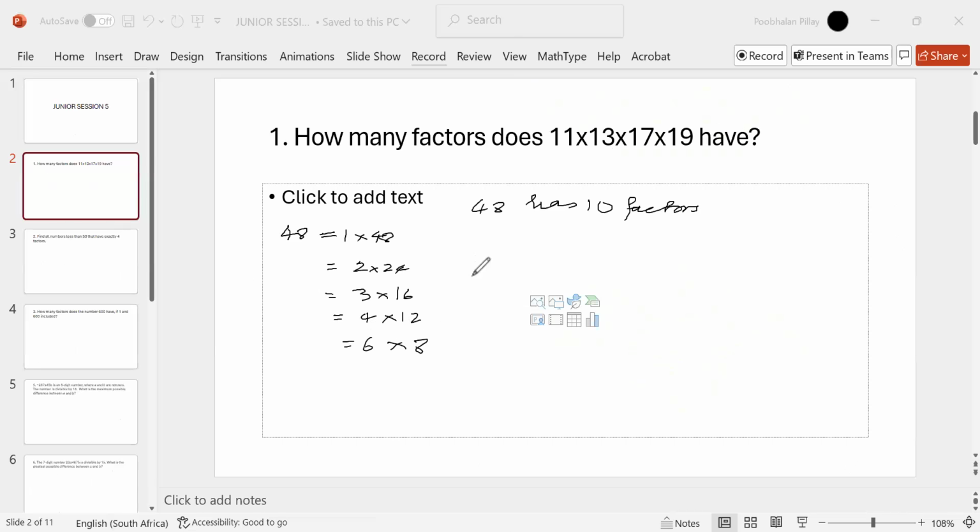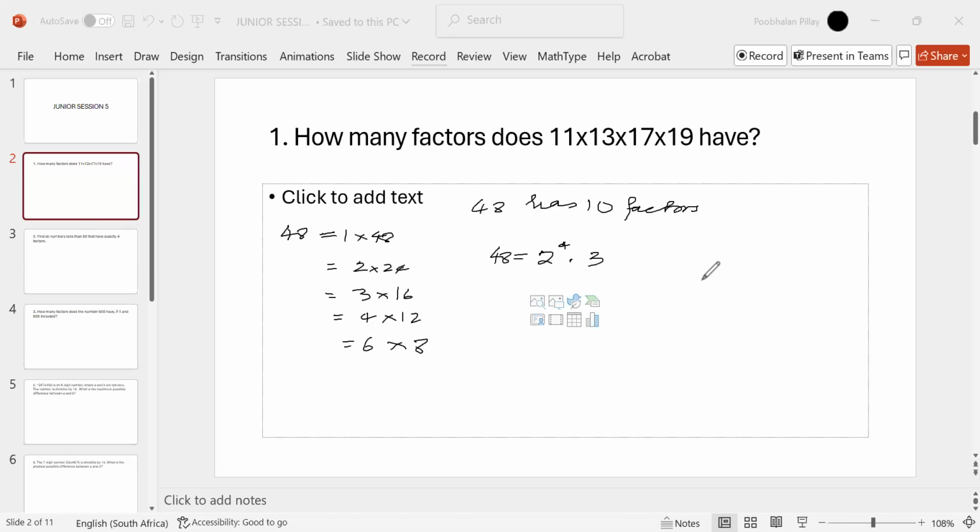Now, there is an easy way of counting this. If you write 48 as powers of prime numbers, it is 16 times 3, and 16 is 2 to the power of 4, times 3. Every number can be written as a product of powers of primes. If you group all the primes together, you get a power of a prime.